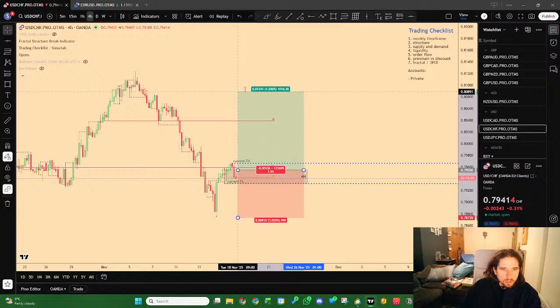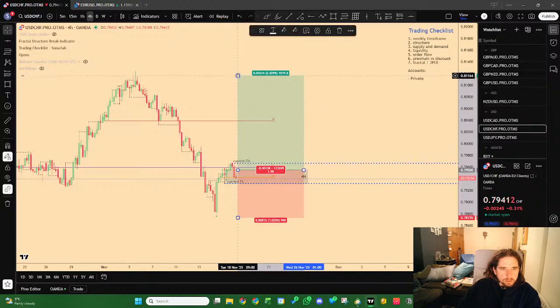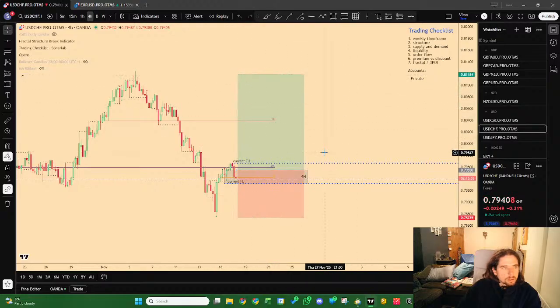Hit the target 21, which is quite realistic. Take out all that liquidity there.